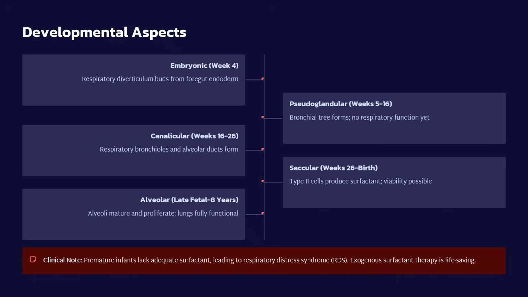Then in the saccular stage, from week 26 until birth, your type 2 pneumocytes produce surfactant, which is needed to decrease the surface tension. And in the alveolar stage, from late fetal life to 8 years, the alveoli mature and proliferate and your lungs become fully functional.